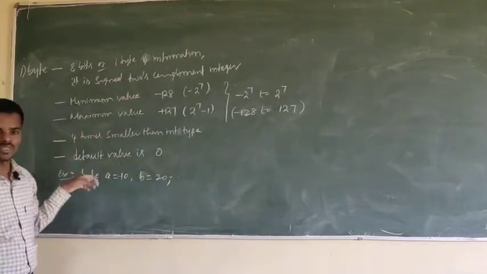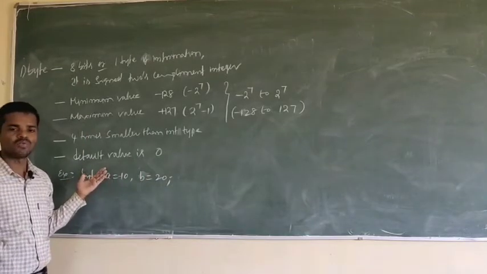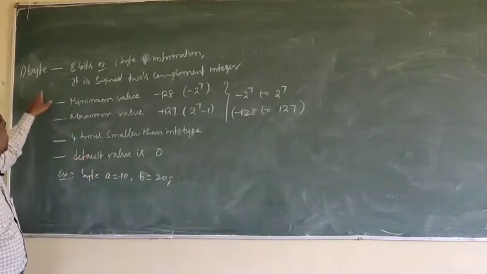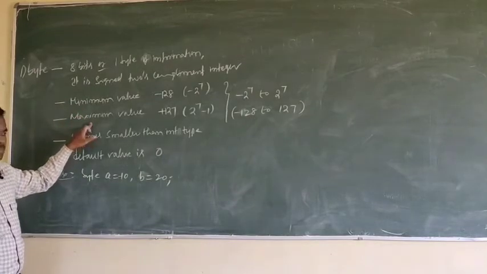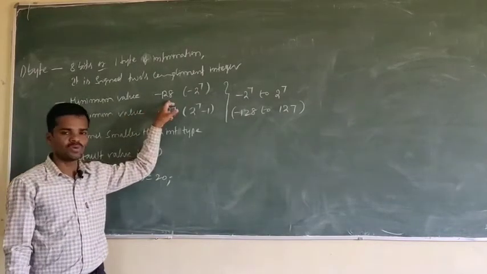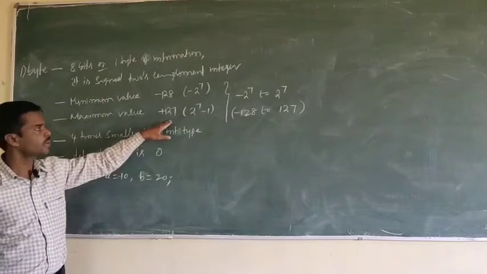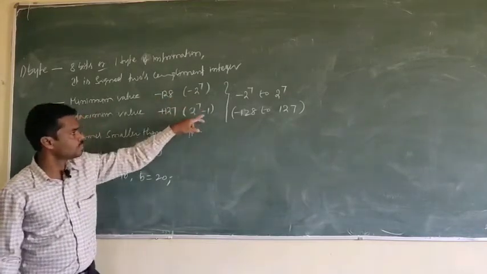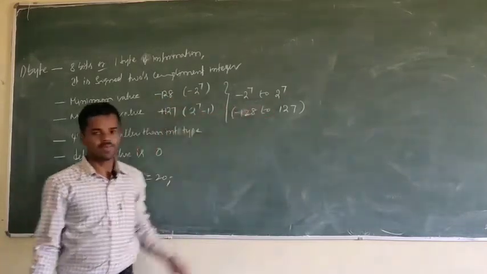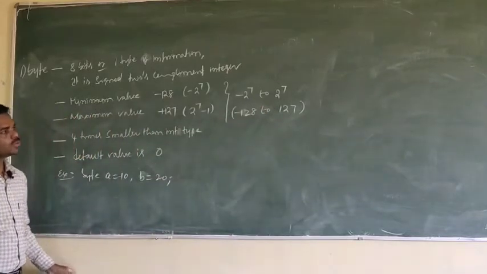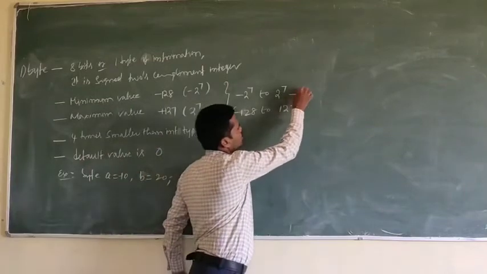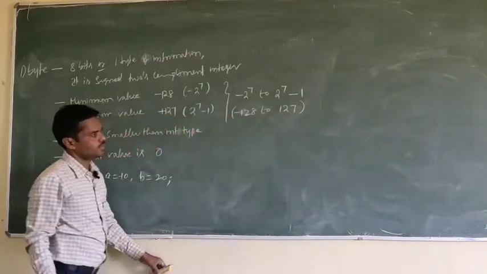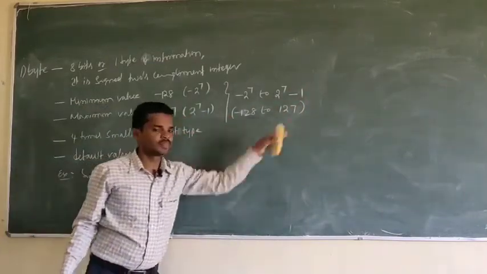That means it can store either negative or positive numeric values. The minimum value is minus 128 and the maximum value is 127. That can be represented in exponent notation as minus 2 to the power of 7 to 2 to the power of 7 minus 1.